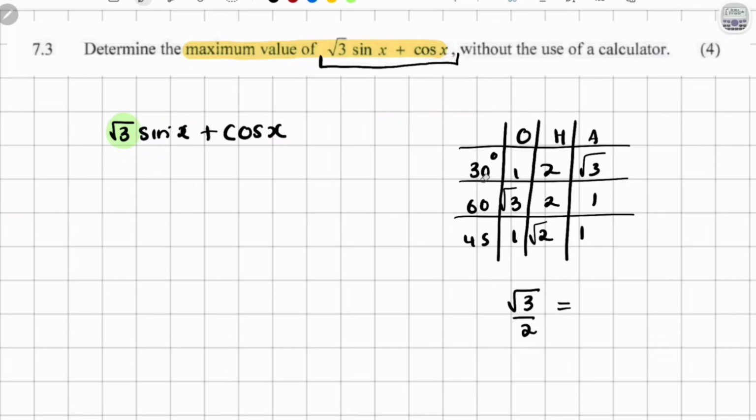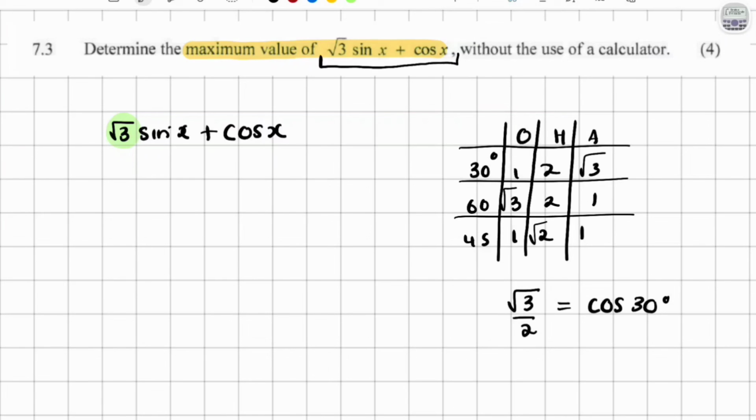Cos of 30 degrees, because that's the row that we're in. I can try and work with this, cos 30 degrees. But you see, the issue here is that this says square root of 3, not square root of 3 over 2. So how do I get it to say square root of 3 over 2?